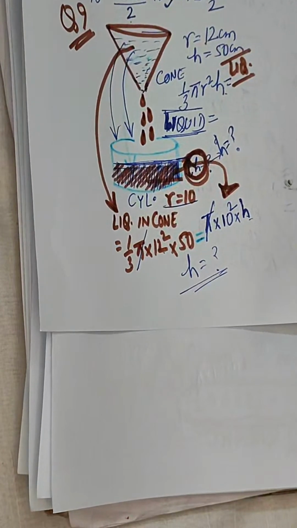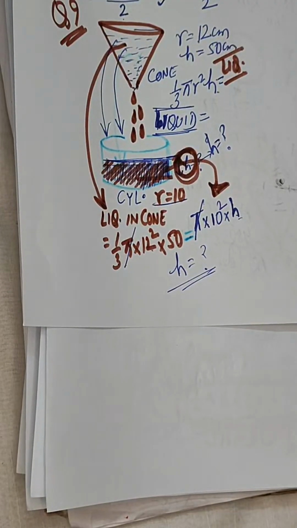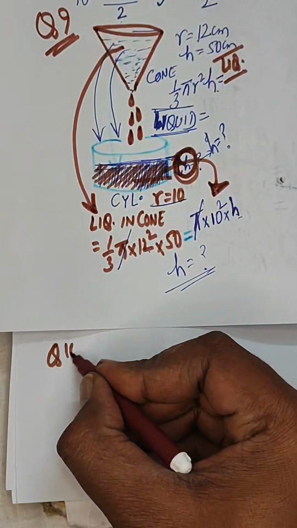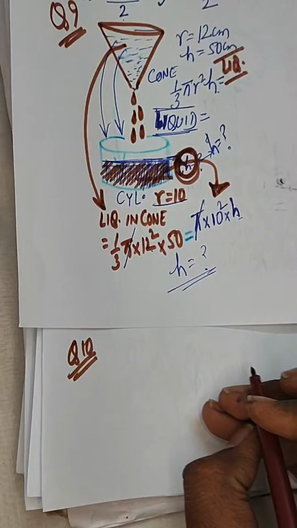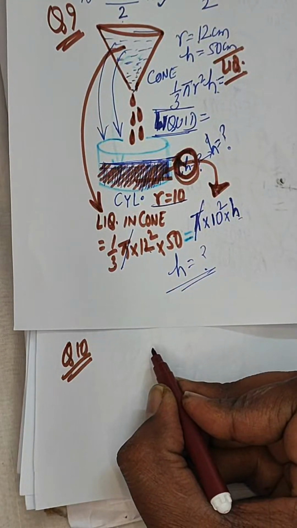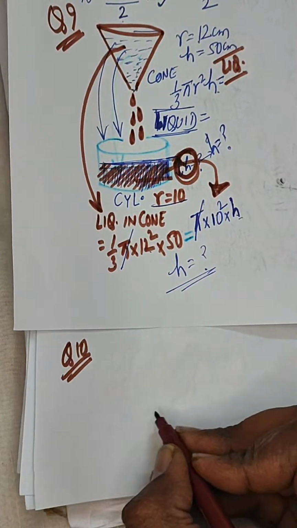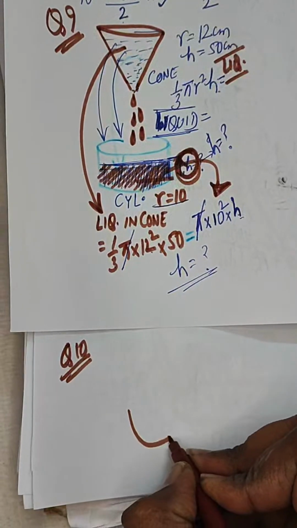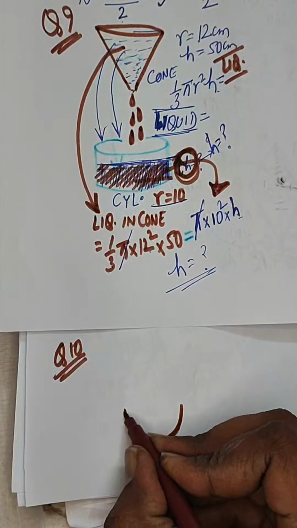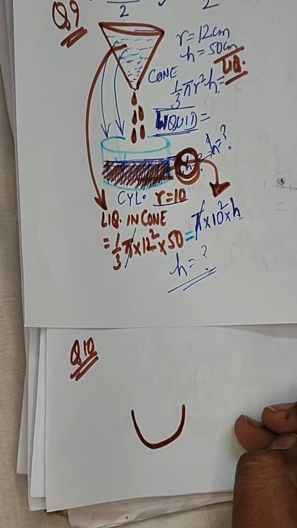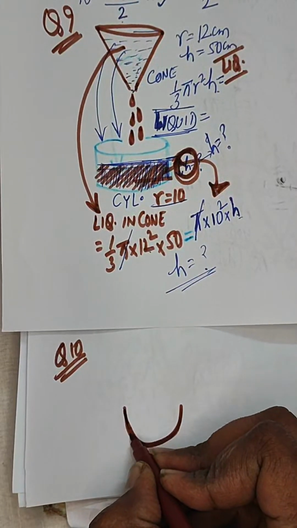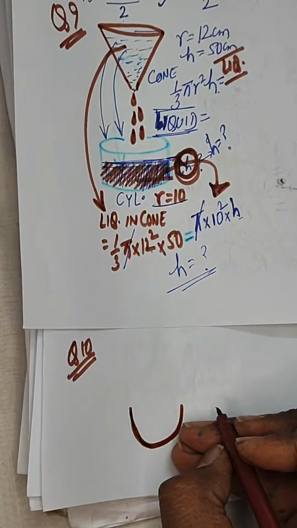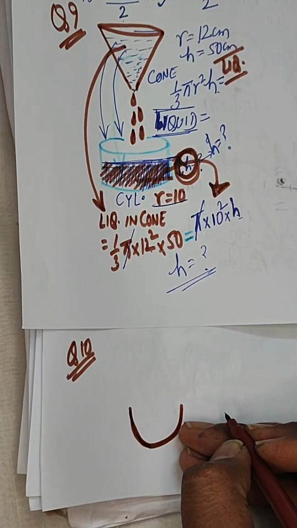The question number 10 for today is that a vessel is like this, a vessel in the form of a hemispherical bowl. So a bowl is given to you. Bowl means a hemisphere is coming into your mind. But we are dealing with solid figures, right? So this will be a hemisphere, not a semicircle.